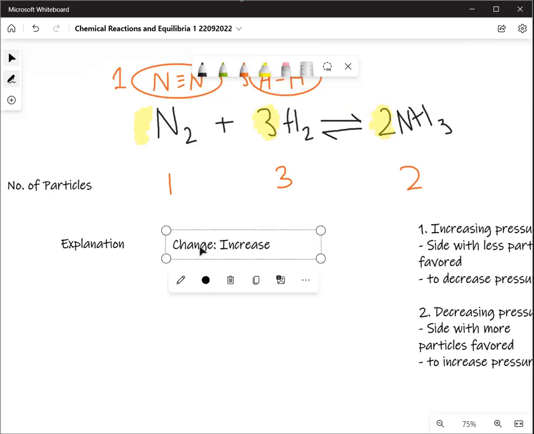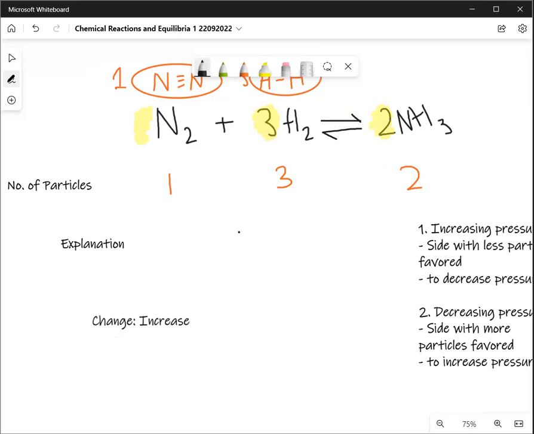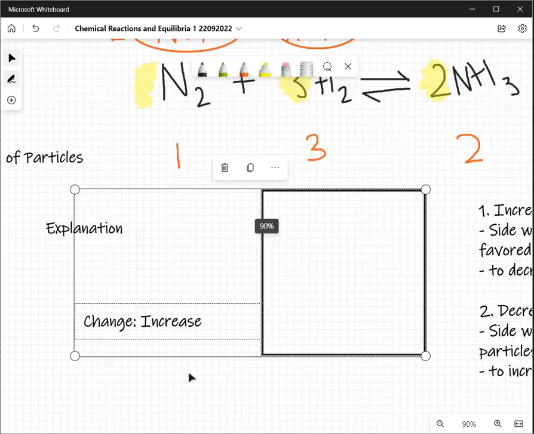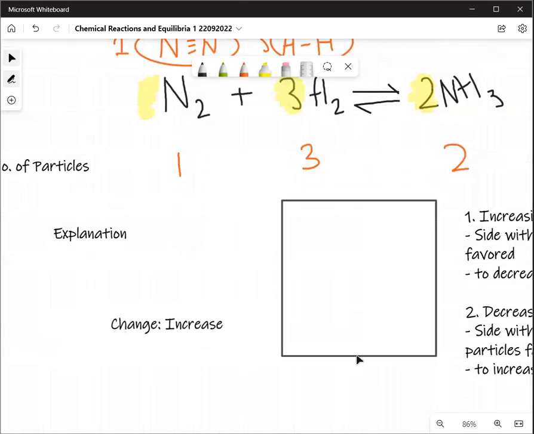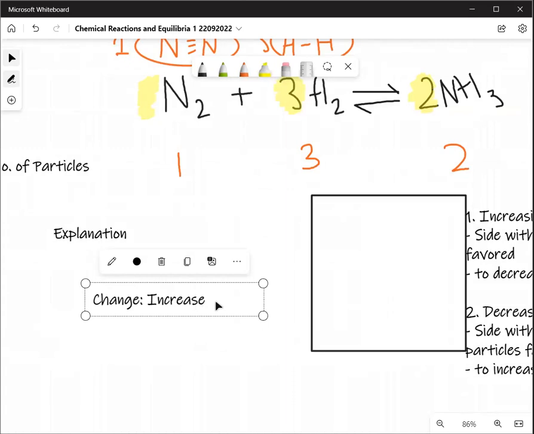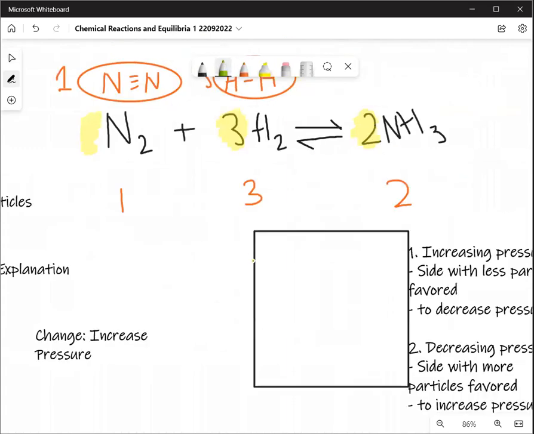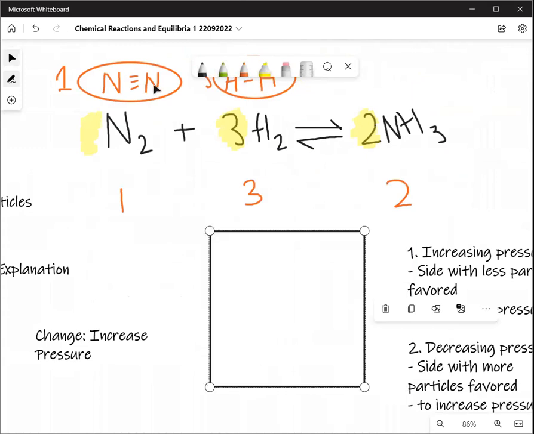So how does it actually work? What happens is you have this box, and inside this box I'm going to increase the pressure. Now you have to remember that nitrogen is green, hydrogen is black, and ammonia is orange.